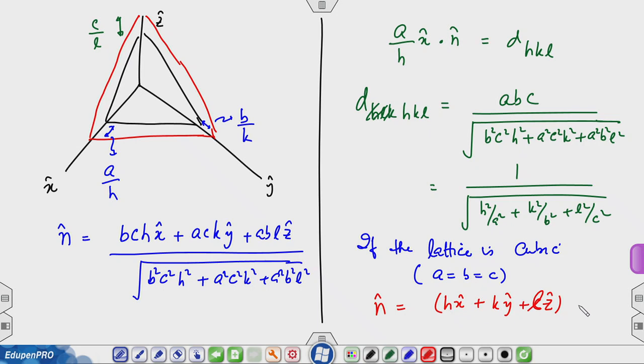There is some normalization factor times the constant. So, in a cubic lattice, the normal to plane h k l is h x plus k y plus l z. Another significance you see of the Miller indices is that in a cubic lattice, which is obviously an orthogonal lattice, it automatically gives you what the normal to the plane is. So, that is an additional point here.